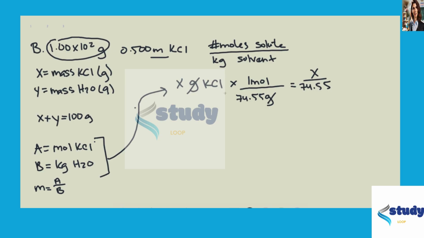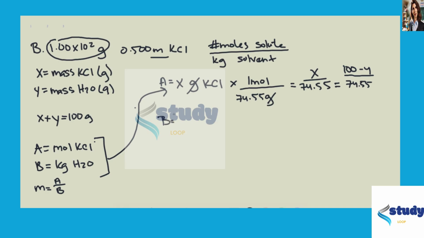So I'm going to set everything up relative to Y in order to plug back into this equation and solve for X. We know that X is equal to 100 minus Y, and we can substitute that in for this equation here. Okay, so that's the A portion of this.